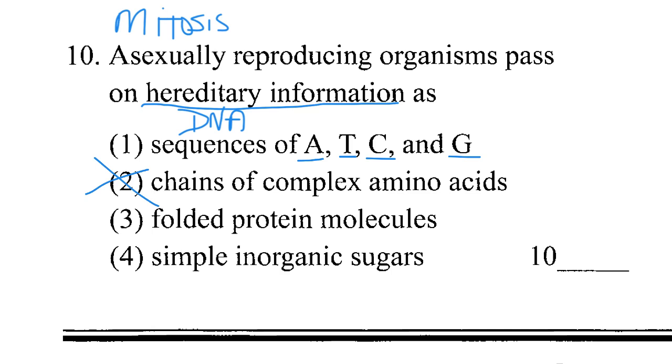That belongs to the nucleic acids like DNA and RNA. 4. Simple inorganic sugars. Inorganic means they don't contain carbon and hydrogen. Sugars, carbohydrates, all contain carbon and hydrogen, so all sugars are organic. Also, they don't pass on hereditary information.